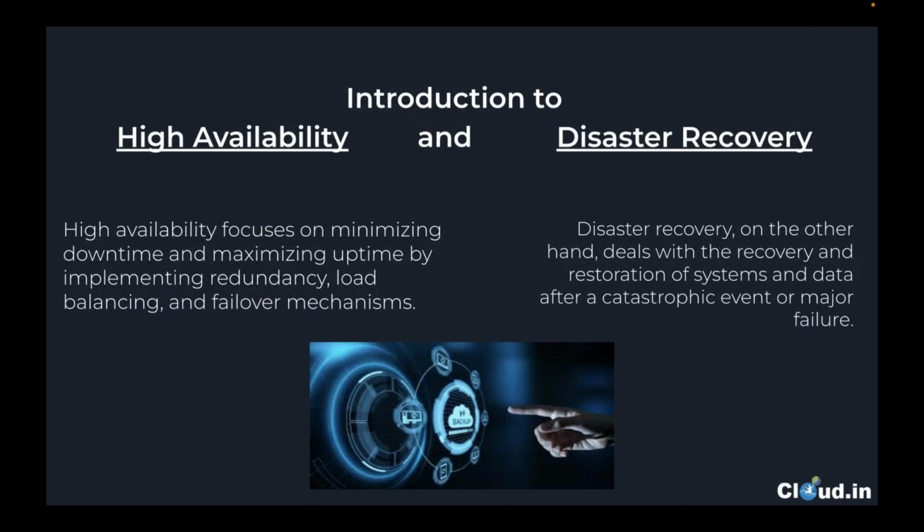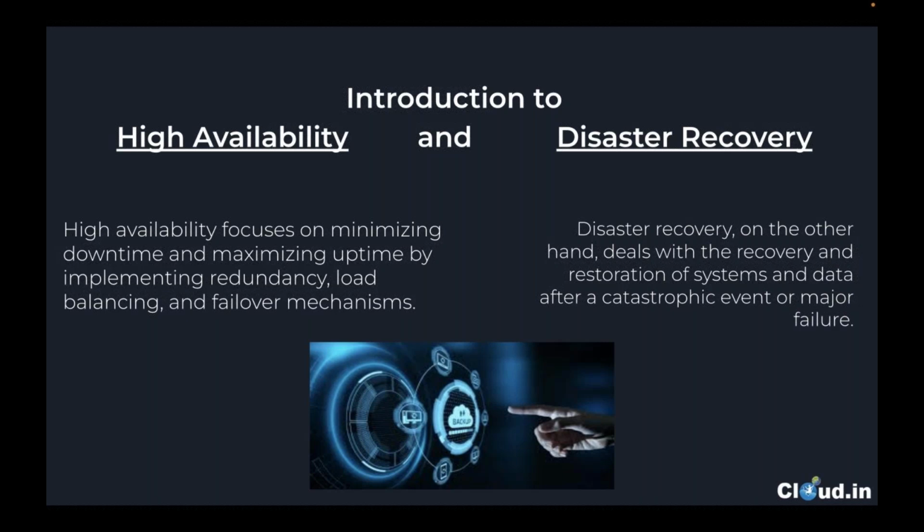So in your infrastructure, you can make it highly available by implementing redundant infrastructure or by using load balancers for your servers, and also using failover mechanisms wherein you don't have any single point of failure if you have a highly available infrastructure.